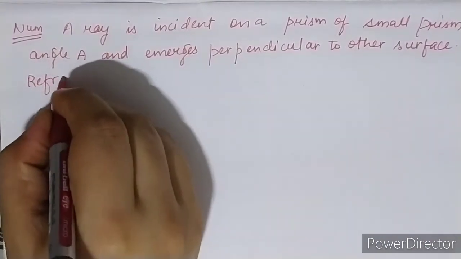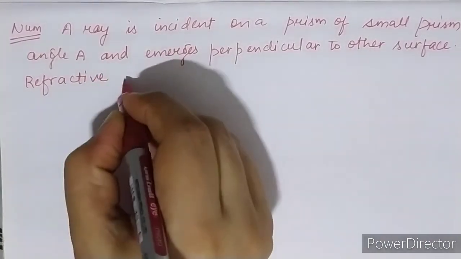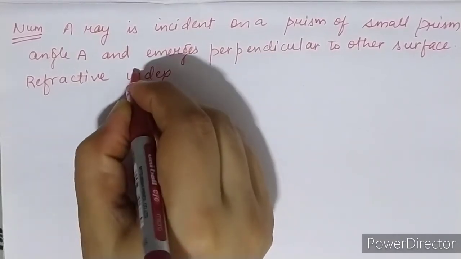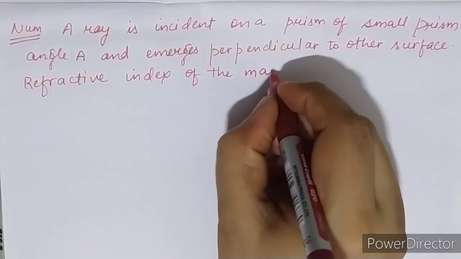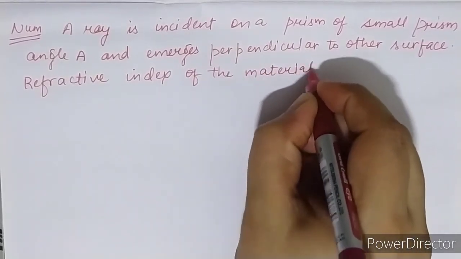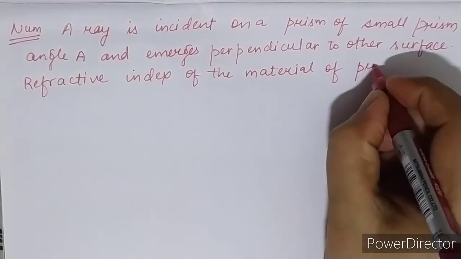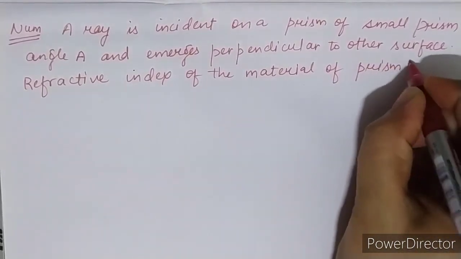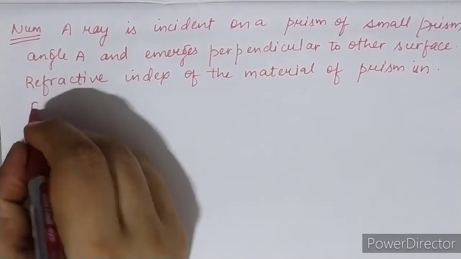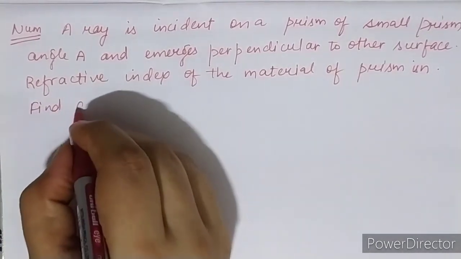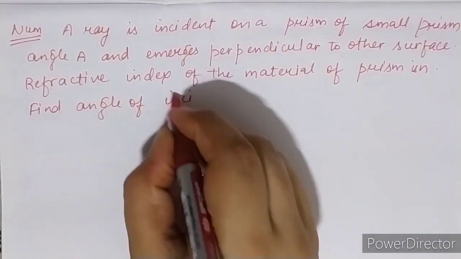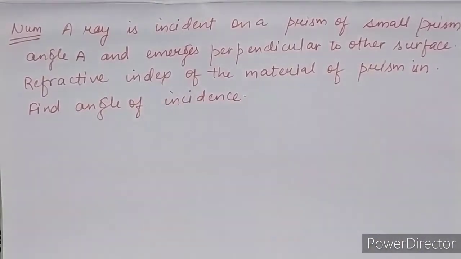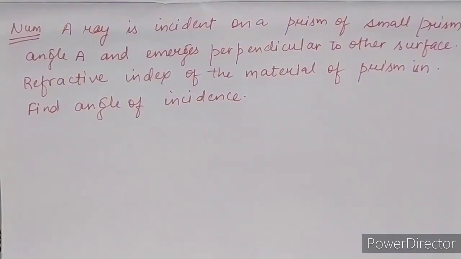The refractive index of the material of the prism is n. Find the angle of incidence.